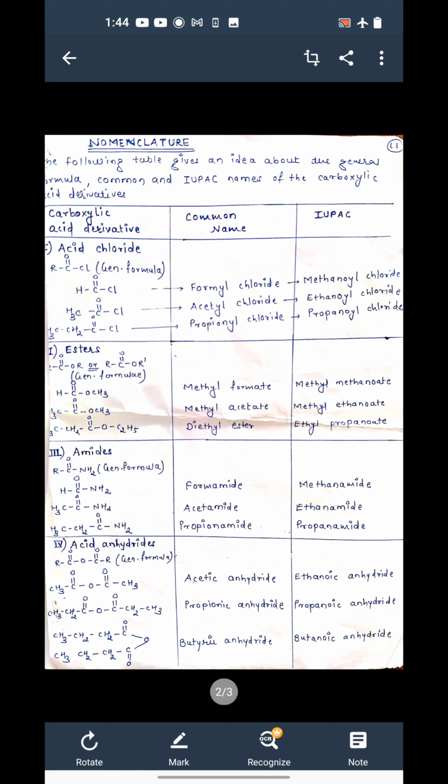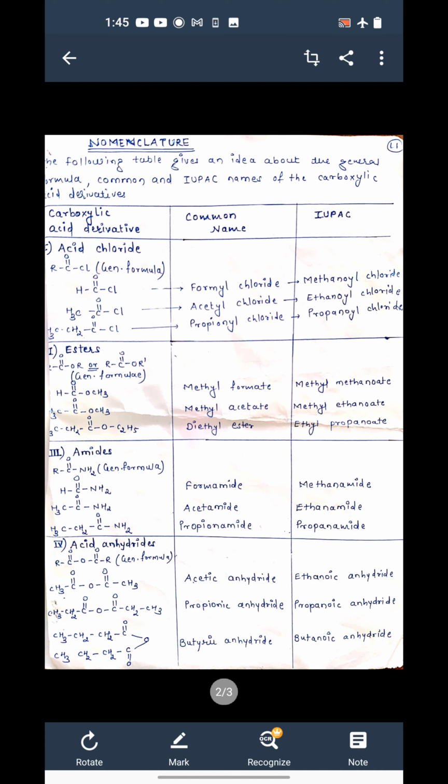Now what about the IUPAC name? In the first compound we take the one-carbon alkane, that is methane. In the IUPAC name of an ester, first we write the group attached to oxygen, the methyl group, so methyl.